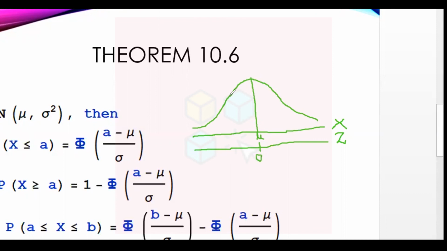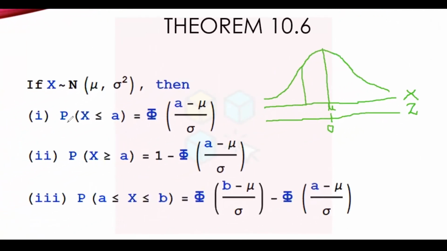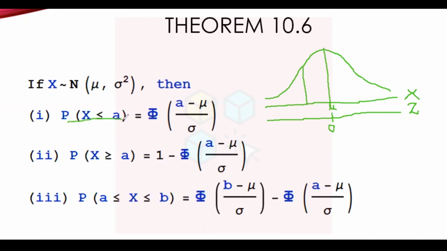So a is the point. For example, this a is the point here for the first axiom. If we look at the first axiom, where x is less than or equal to a, and a is on the x scale on the left side, but you can take it on the right side as well, we have to find the corresponding value on the z scale.